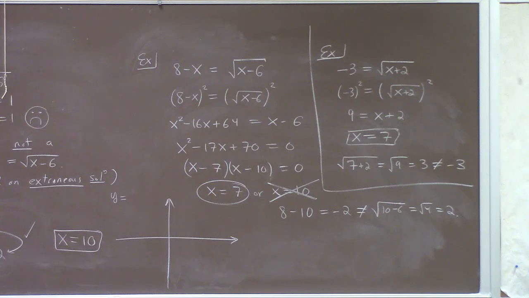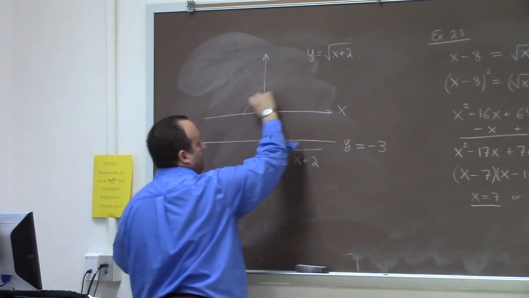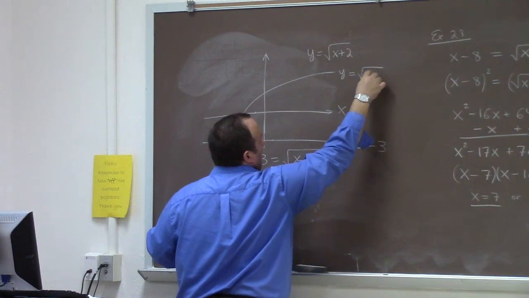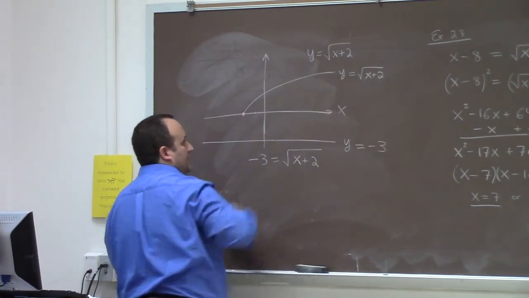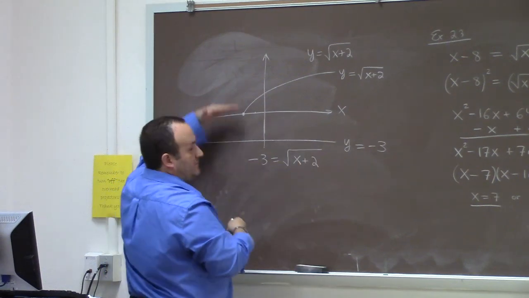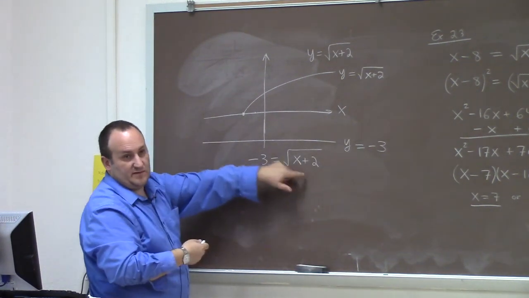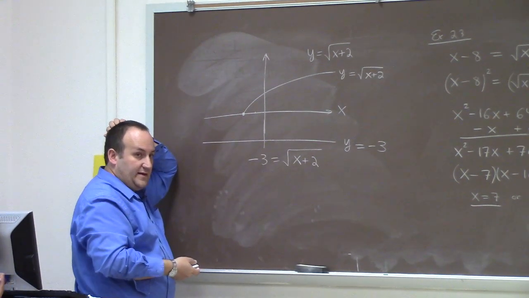This is the square root graph shifted 2 to the left, so I go 1, 2, it's something like this. Looking at this graph, there's no intersection. There's no x for which this is equal to that. These graphs are disjoint. There's no solution. That's the graphical understanding of it.